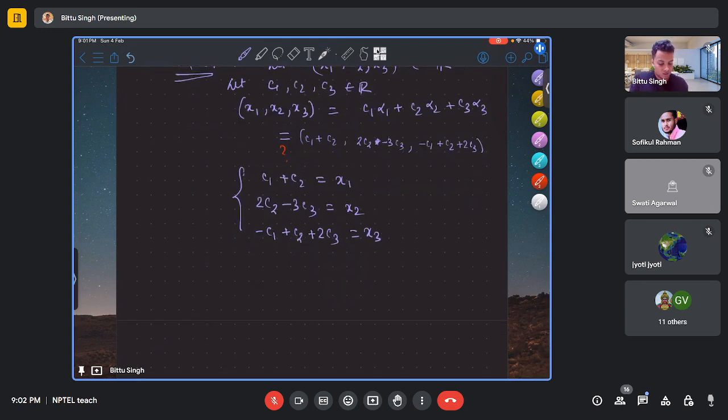As we have seen earlier, the determinant of the matrix is non-zero.